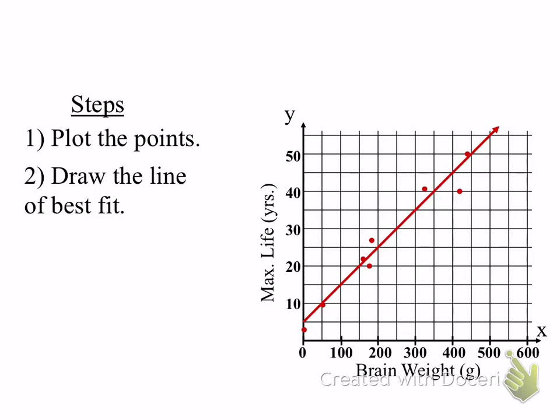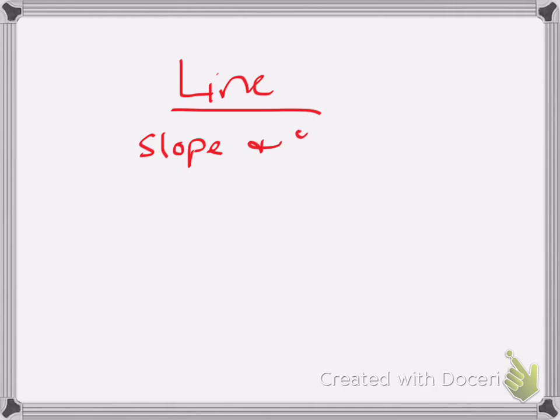I've drawn a little thing up here on the board. I guess I can put it right here. To write the linear equation, we need a slope and the y-intercept. And if I don't have that, there are 3 ways to find it.